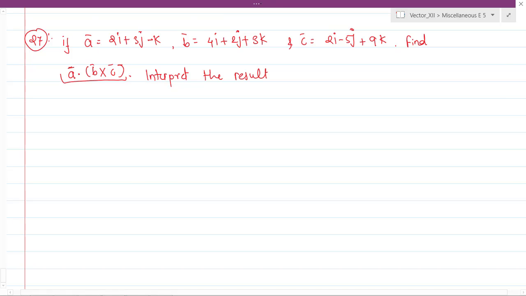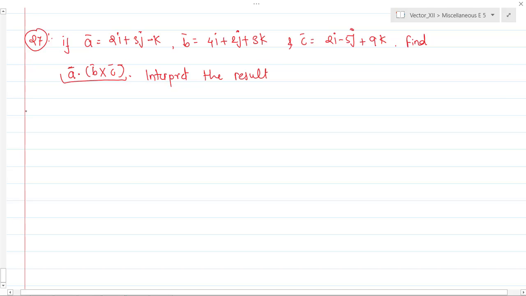It's very simple, and in the whole exercise we are doing the same thing, that is we are finding the scalar triple product. So a bar dot b bar cross c bar is nothing but the box product of a, b and c bars. Write down the coefficients of a, b, c: 2, 3, minus 1, 4, 2, 3, 2, minus 5 and 9.